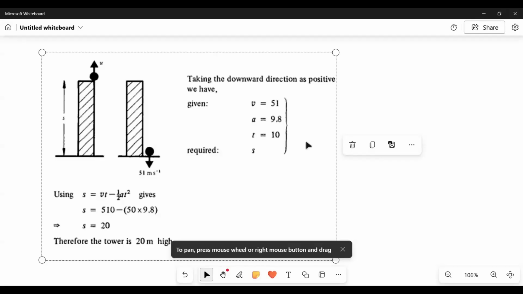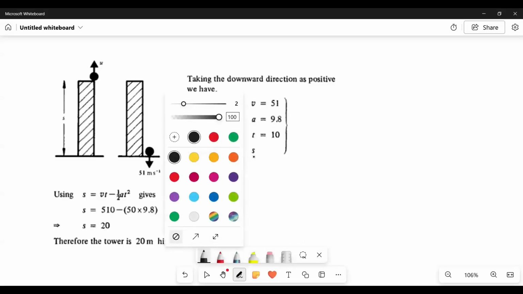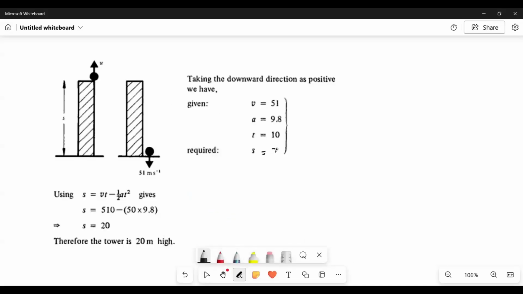It took 10 seconds to reach the ground, right? And we don't know S. So what we got to do now is look for an equation that will tell us the unknown given what we know. So we know V, we know A, we know T, but we don't know S.